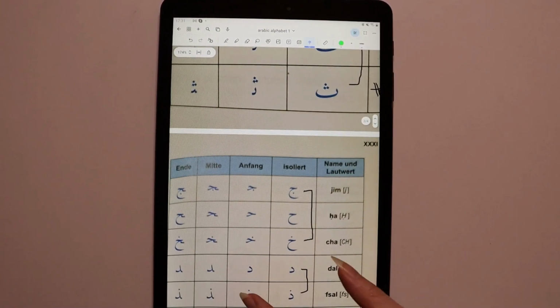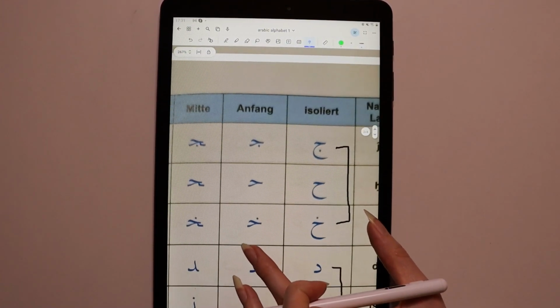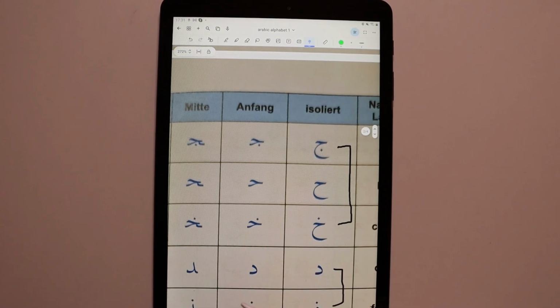And then we have jim. Jim is a j sound, but it's like a G, but it's not pronounced like g, as in go or give or gift or whatsoever.